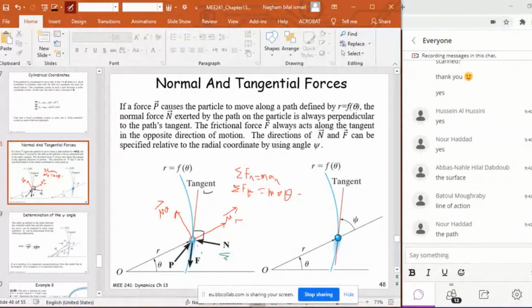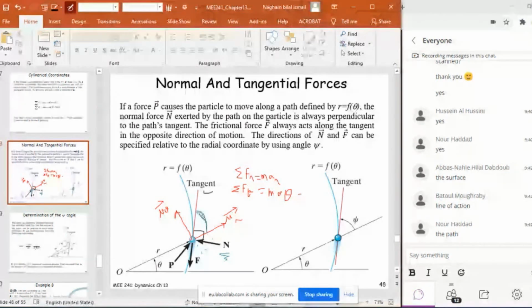In order to know the projection of this normal force, which is always perpendicular to the tangent direction of the curved path, I should know at least one angle. So if I know, for example, the angle between the normal and U theta, or the angle between UR and the tangent.